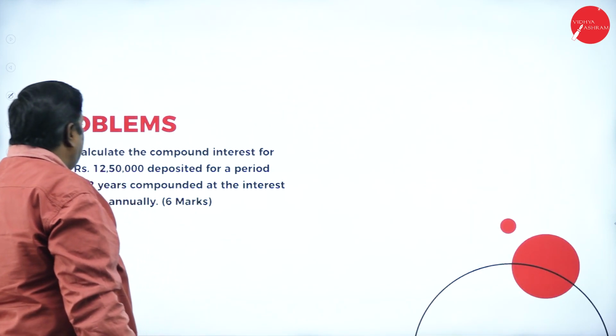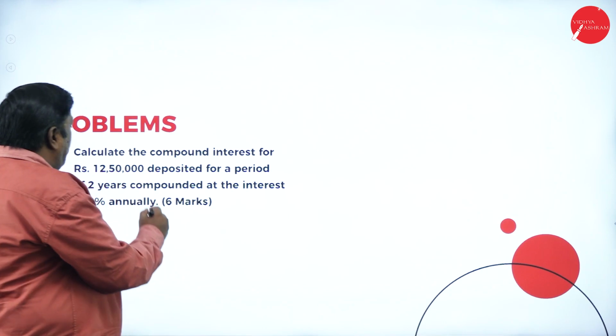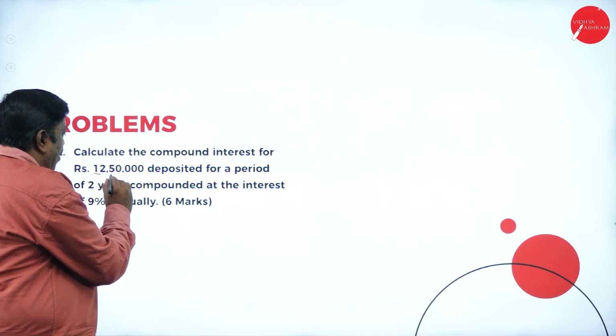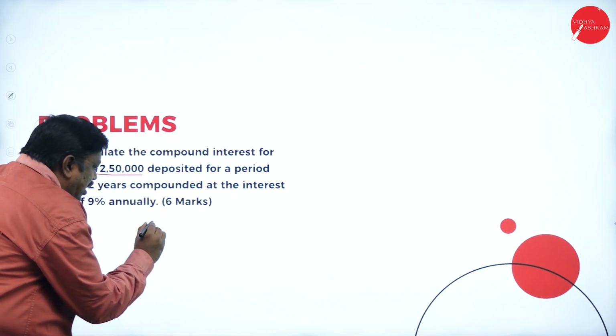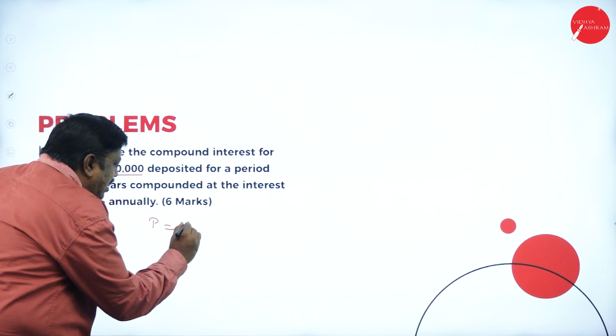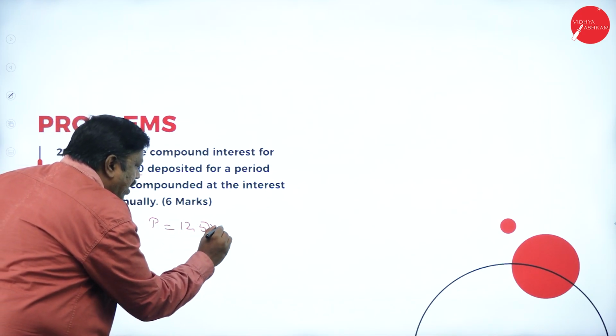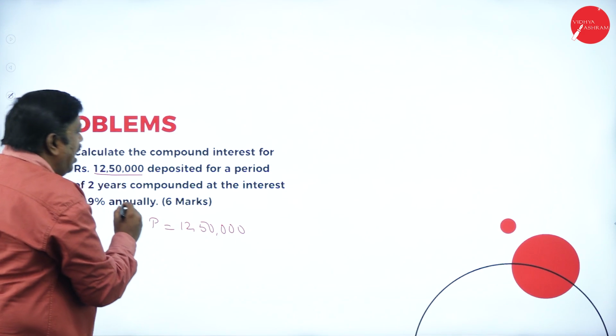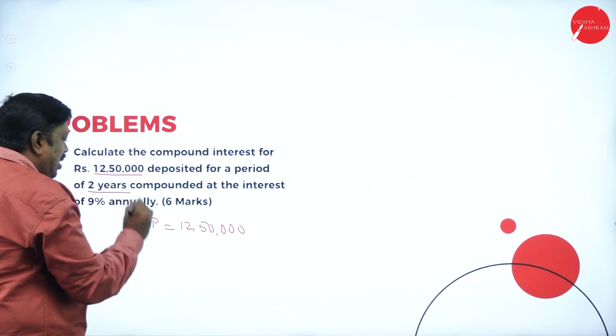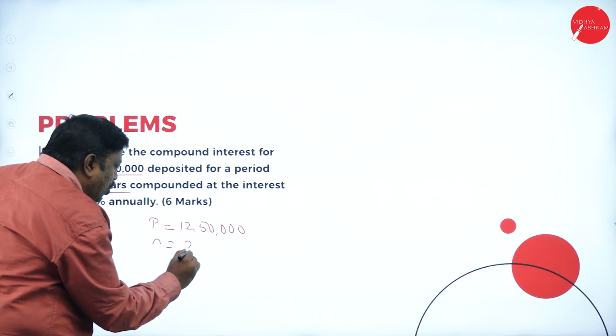Now, in the same concept, we have taken the amount we are depositing as 12,50,000. How much are we depositing? The principal amount is 12,50,000. And how many years? N will be 2 years.